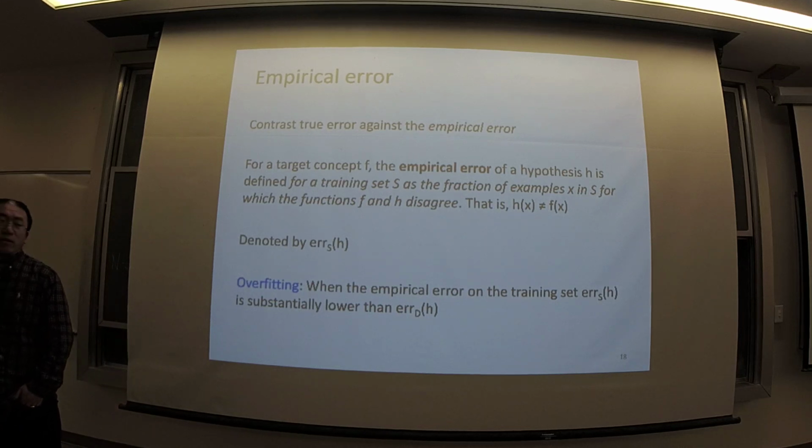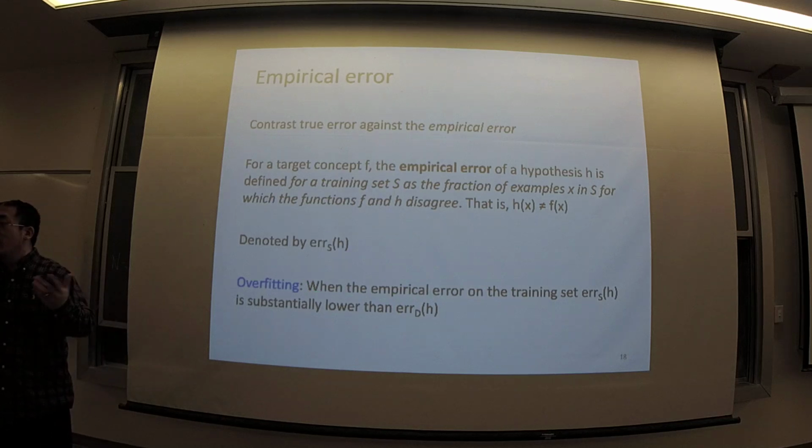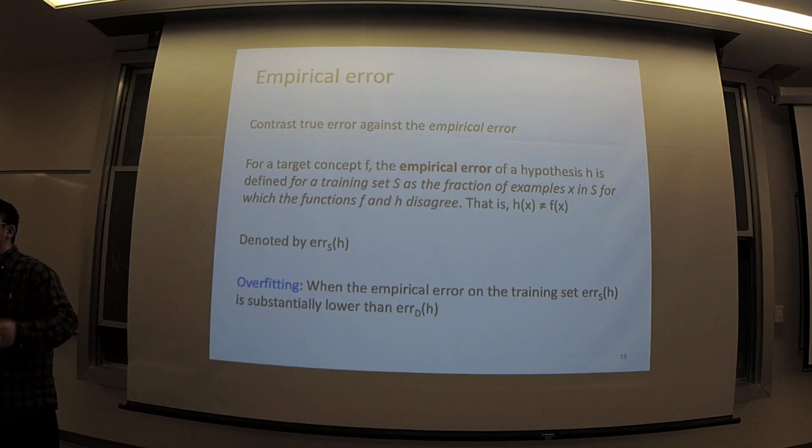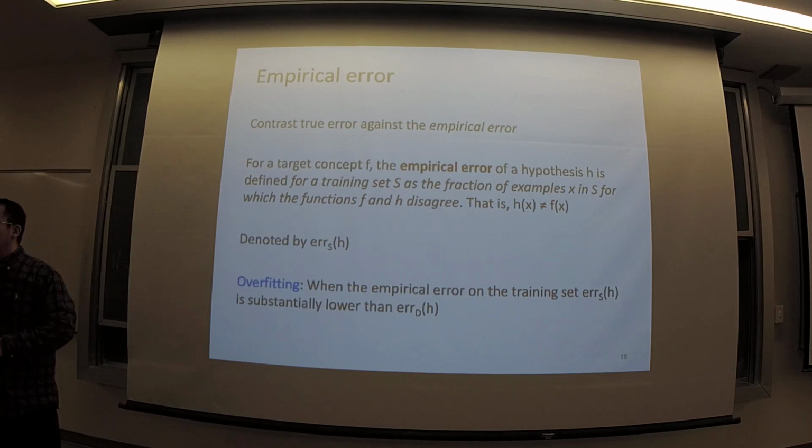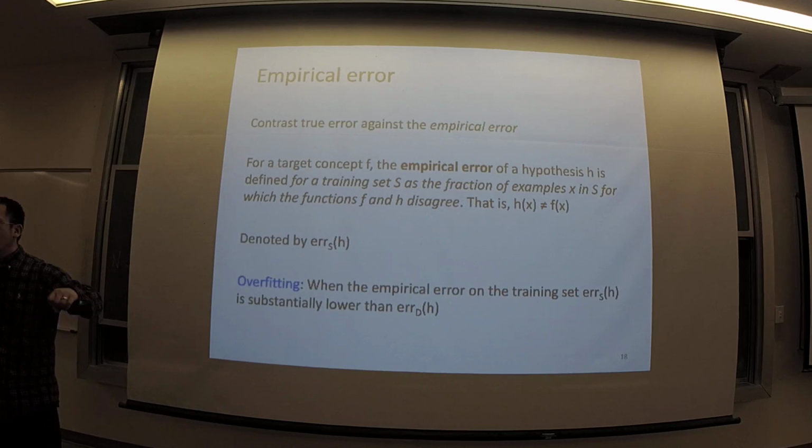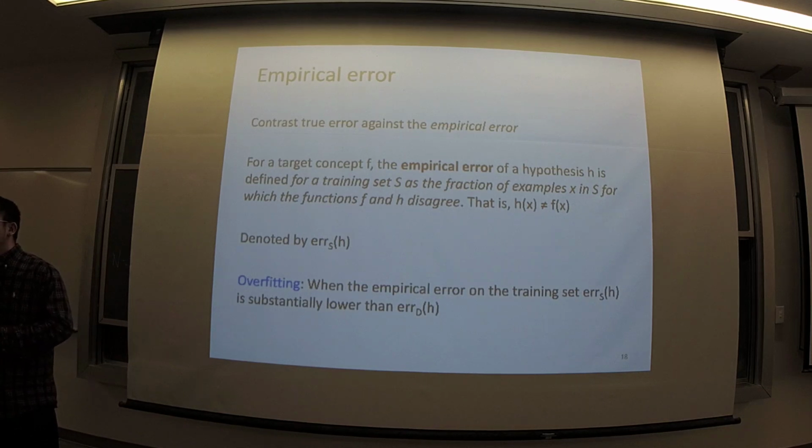For example, if your empirical error on training data is 0.01, very accurate, but your test error is 0.2, that's a giant gap. That means perhaps you overfit the data. Some noise in the training data misled your learning procedure, and you end up with an imperfect classifier.